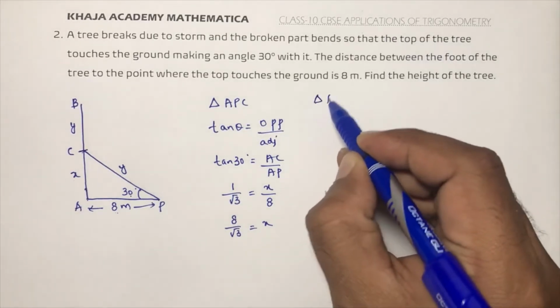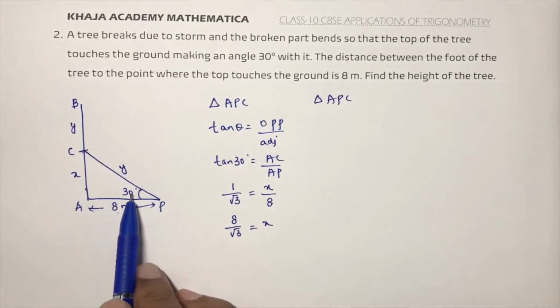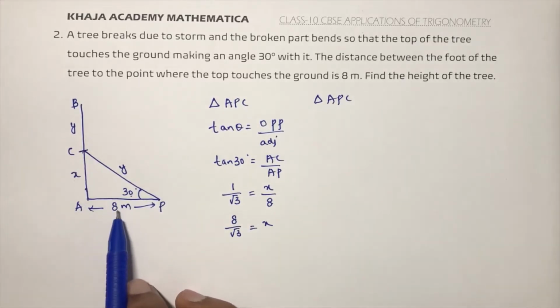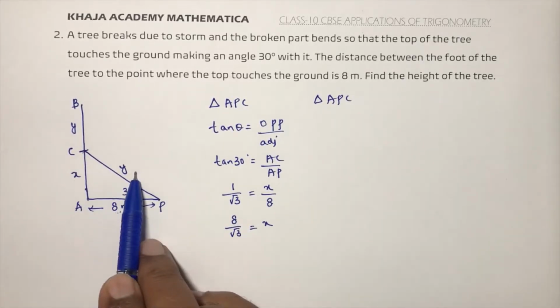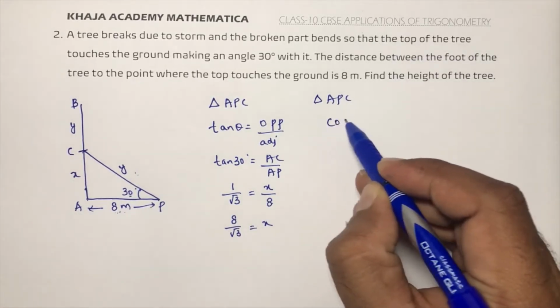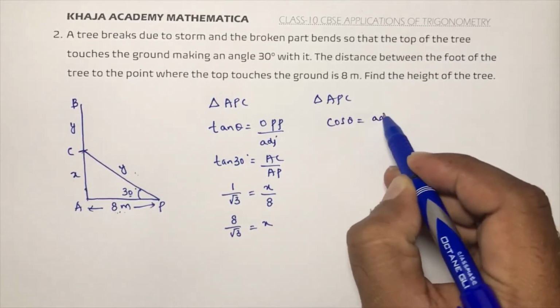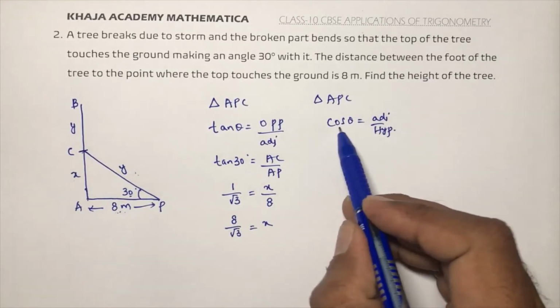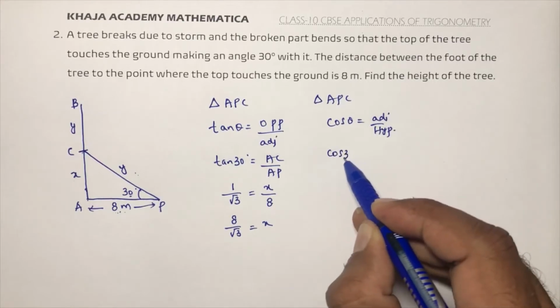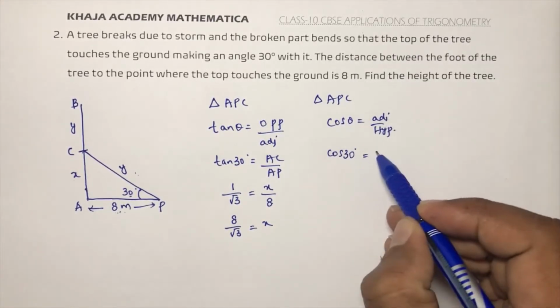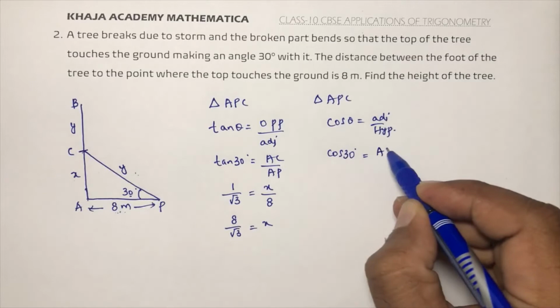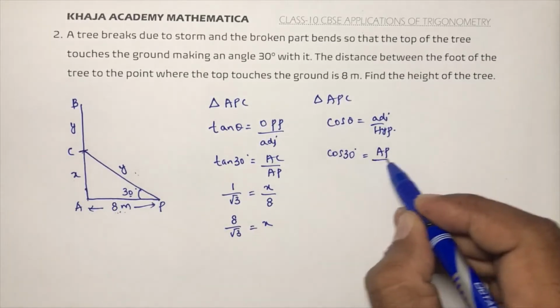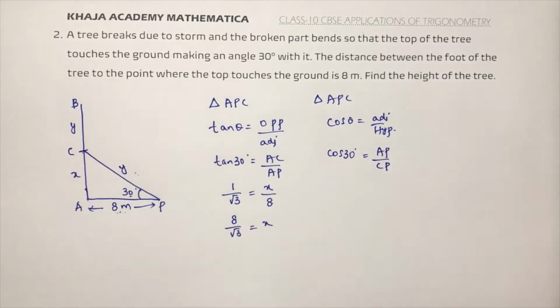Next in the same triangle APC, theta, adjacent, I'll use 8 and Y, adjacent hypotenuse. Theta, adjacent hypotenuse, I'll use the ratio cos. Cos theta is adjacent by hypotenuse. Now cos 30 degrees, adjacent is AP, hypotenuse is CP. Cos 30, you will get the values in the trigonometric table.